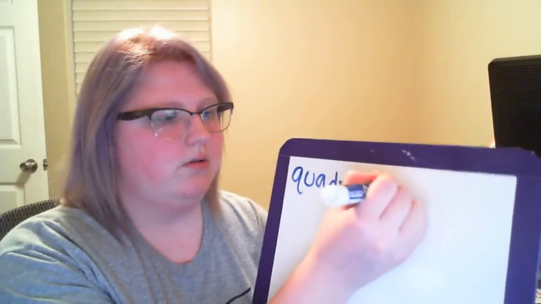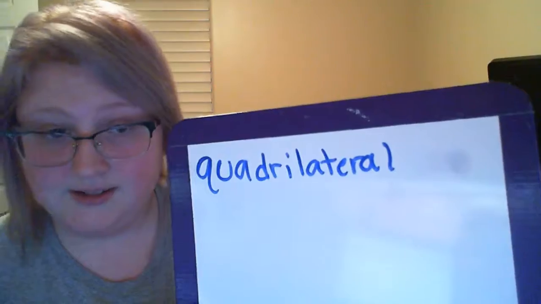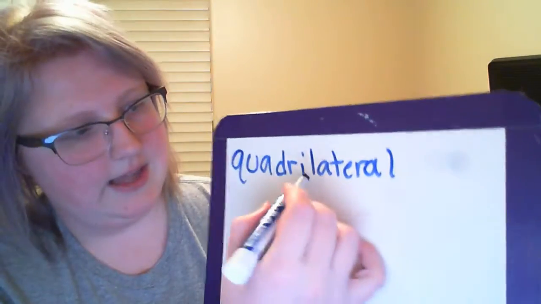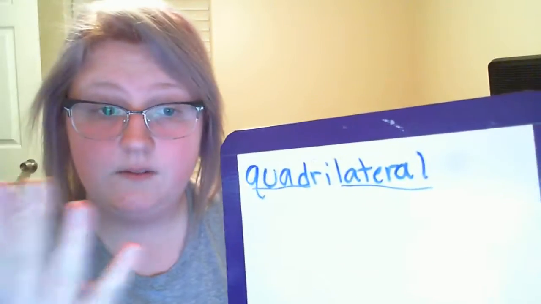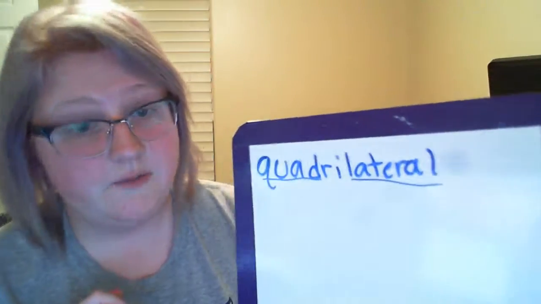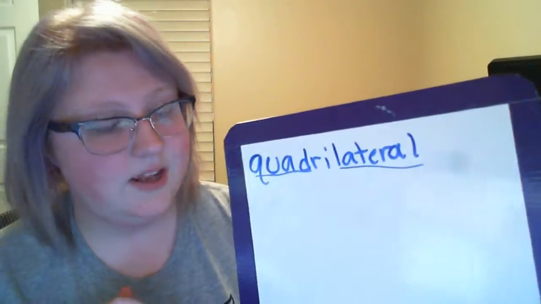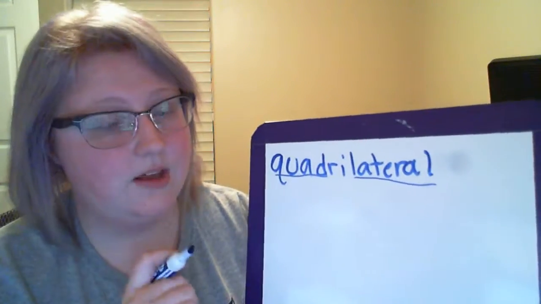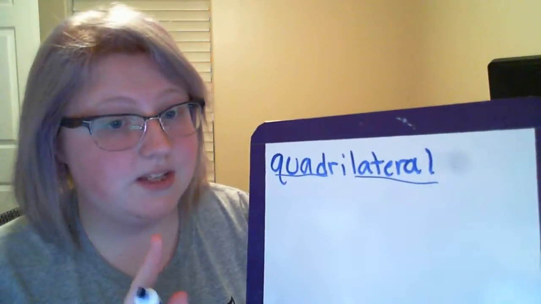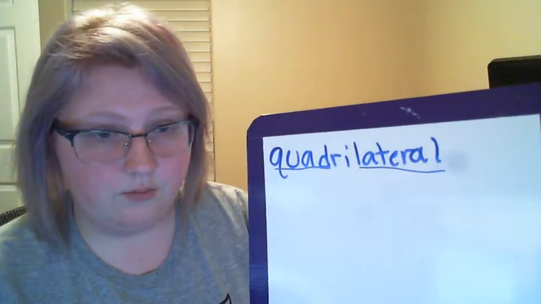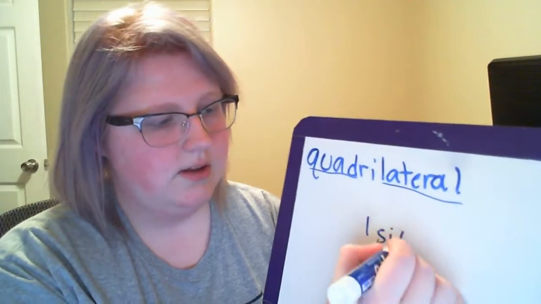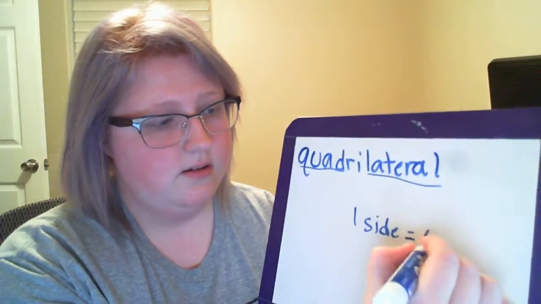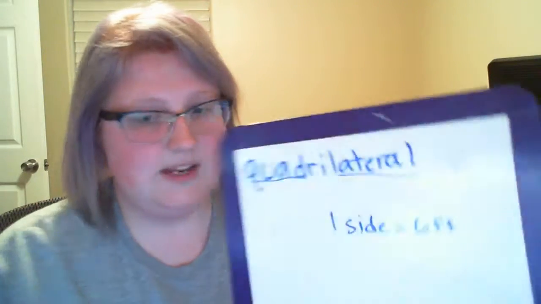Remember, lateral means lines, and quad means 4. So it's a 4-sided shape that they're going to build. They're moving the chicken coop up to the hill, and one of the sides is going to be 6 feet.